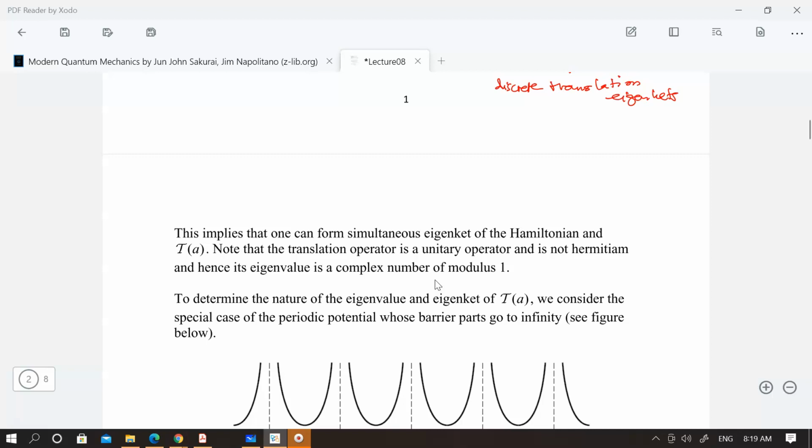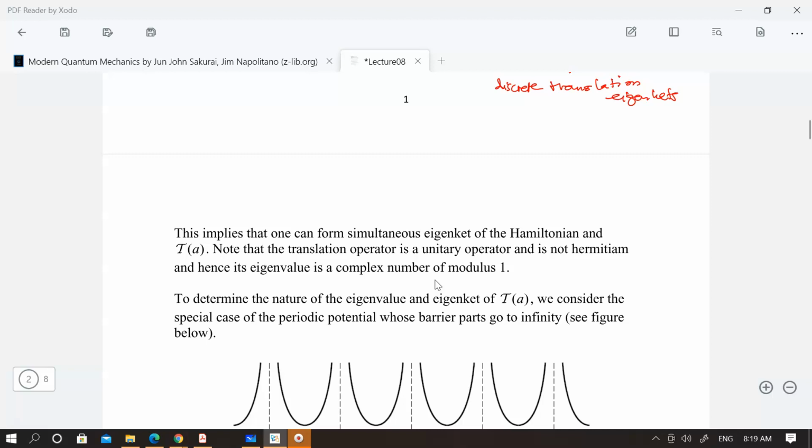Normally one can label these eigenkets by their eigenvalues. For the Hamiltonian, it's easy, that's the energy eigenvalue. But the translation operator is a unitary operator, so it's not Hermitian.